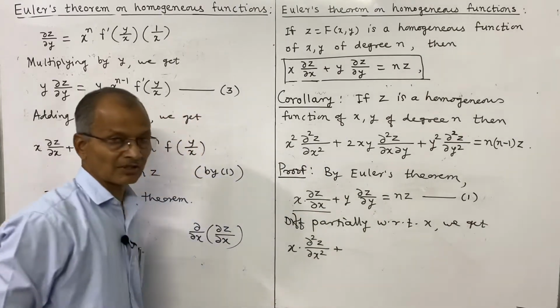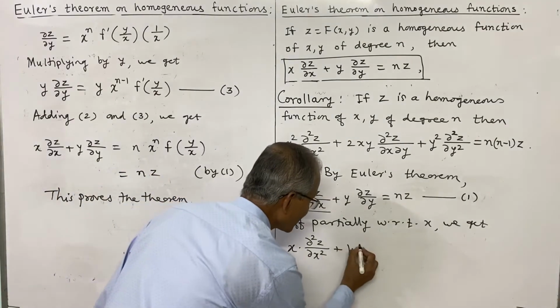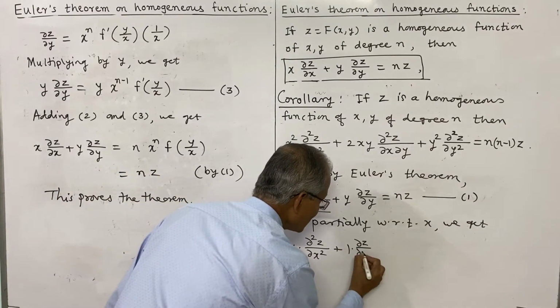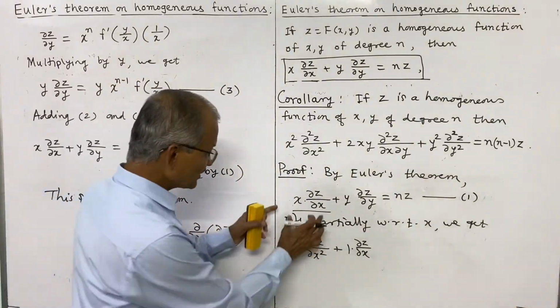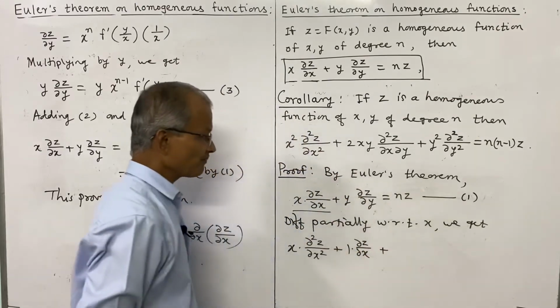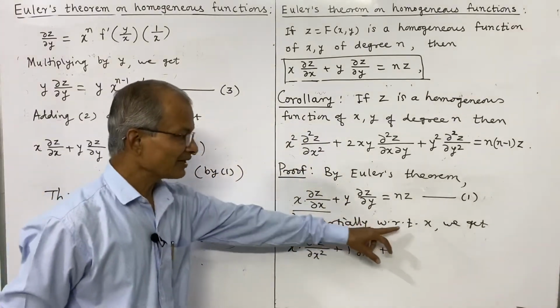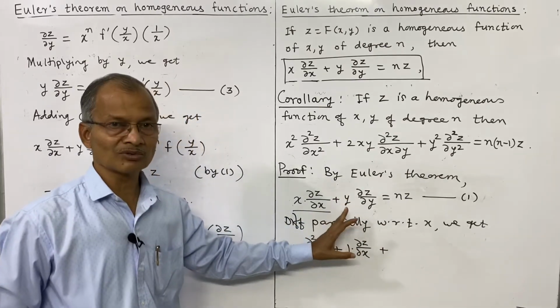This is the first term in the product rule. Now the derivative of the first is 1, and the second as it is, ∂z/∂x. So we must use the rules of differentiation correctly. Plus, secondly, here we are differentiating partially with respect to x, therefore y is constant and there is no need to use the product rule.